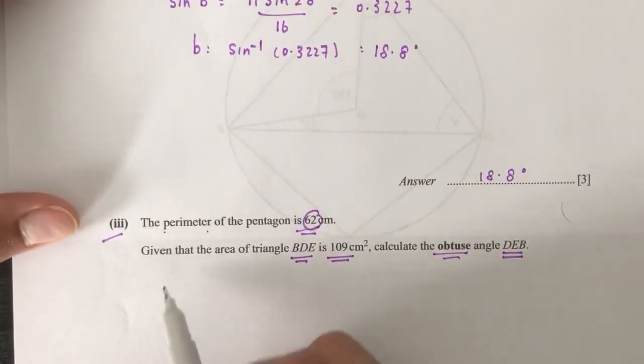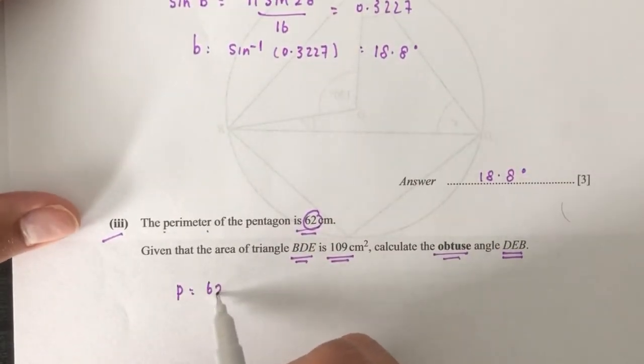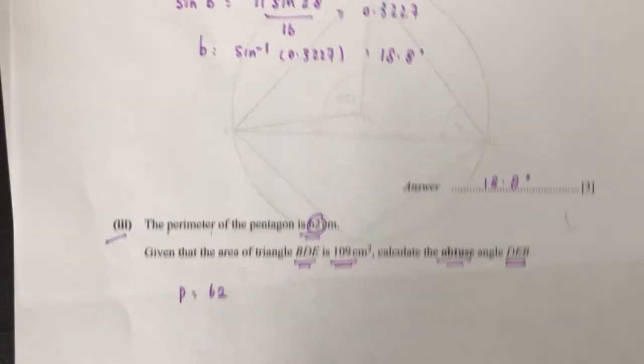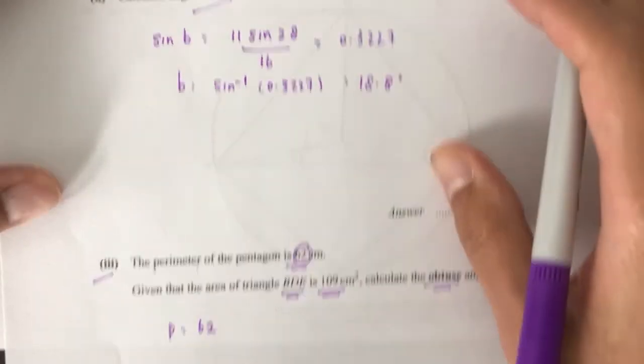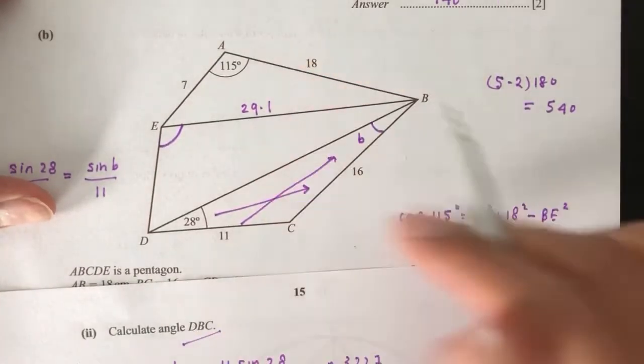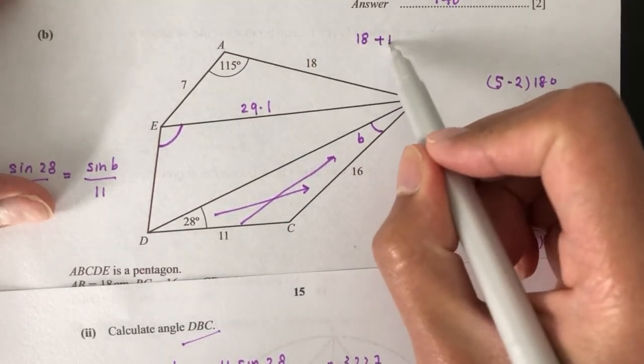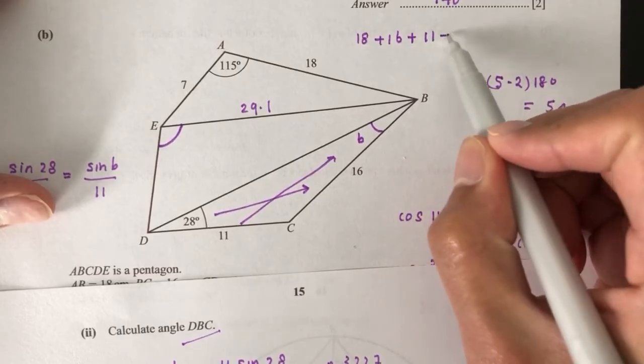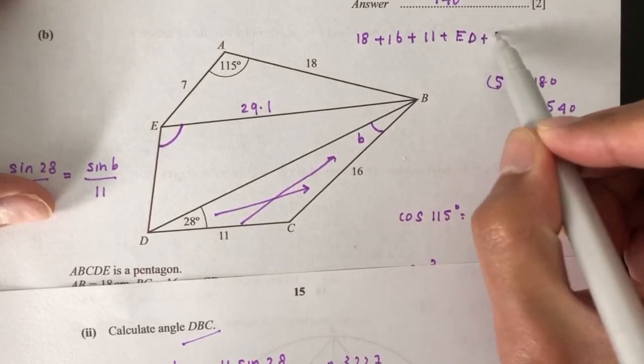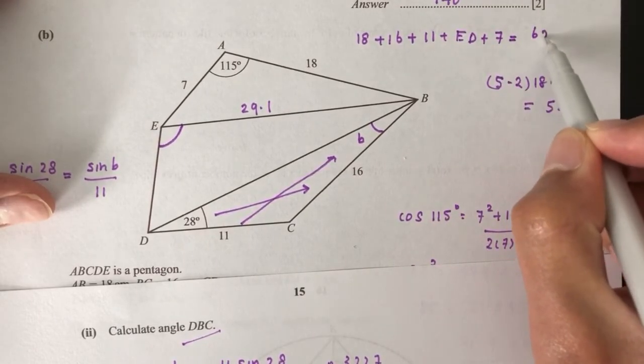So to find the side ED, it says perimeter is 62. How do you find the perimeter? By adding all the sides together. So let's do that on here. We start here. We have to take 18 plus 16 plus 11 plus ED plus 7 equal to 62.